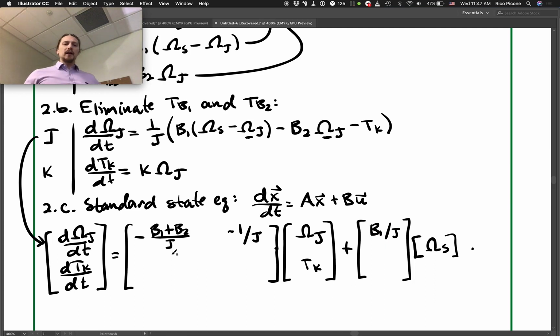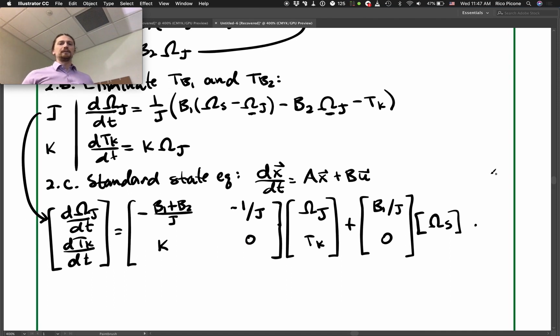And now we've got the second equation, which is pretty straightforward. dTk/dt. That is a tongue twister. K omega J plus 0 Tk plus 0 omega s. Any questions on that?